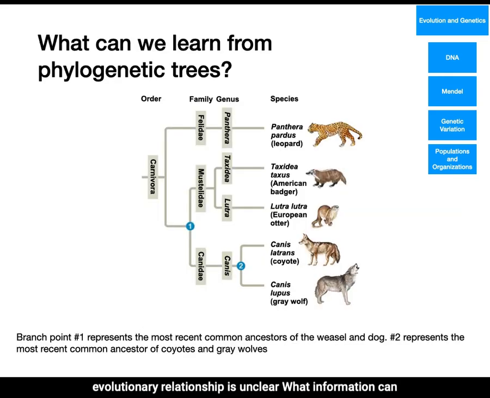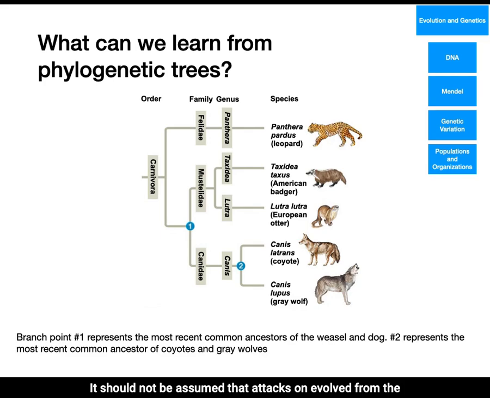What information can we gain from phylogenetic trees? Phylogenetic trees show a pattern of descent, but they do not show phenotypic similarity. They do not generally indicate when a species evolved or how much change has occurred in a lineage.